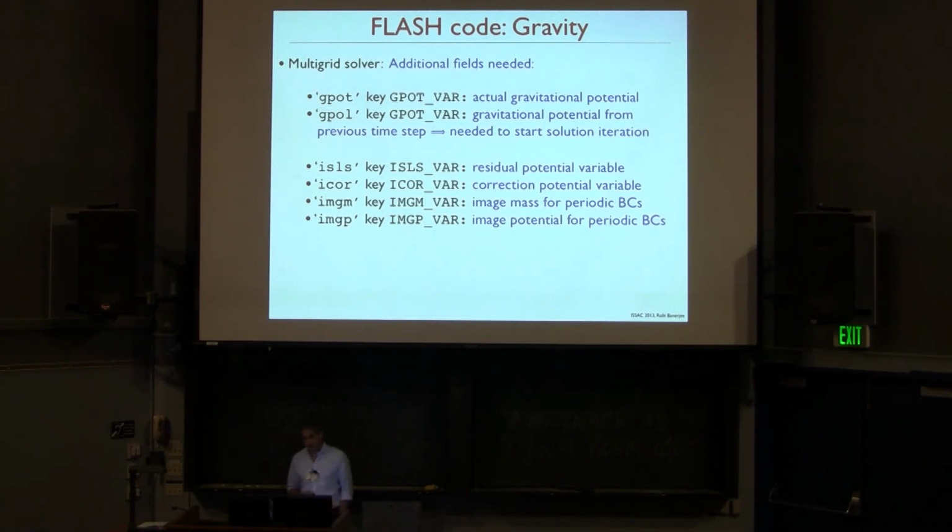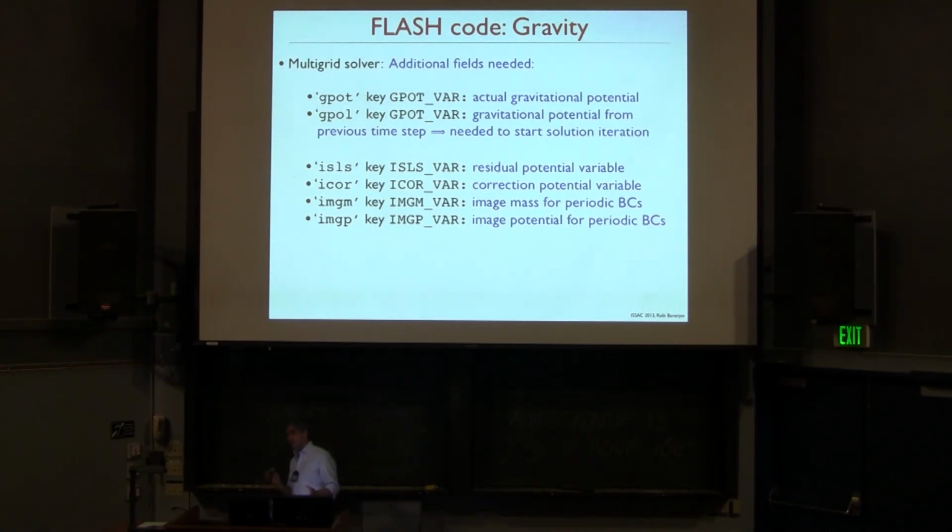But you also need four more additional three-dimensional variables, if you like, if you use a three-dimensional simulation. Namely, the residual you need as a full array, and so is the corrected potential. You also use a variable for it.